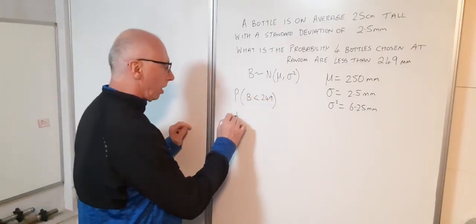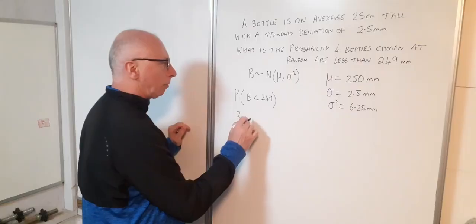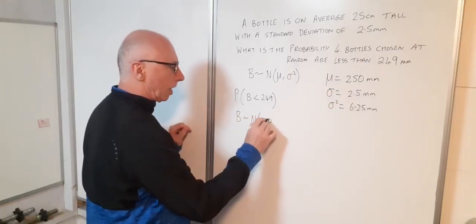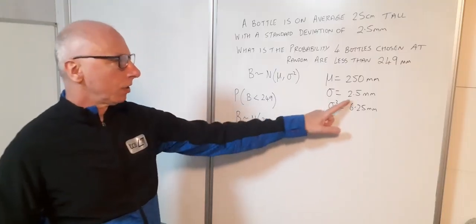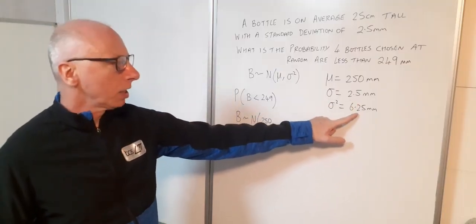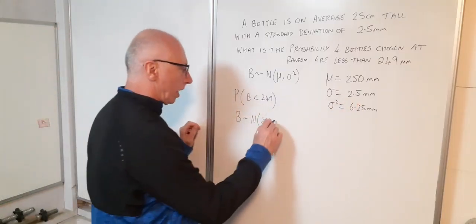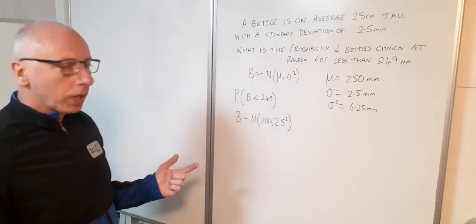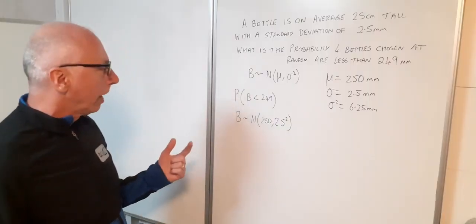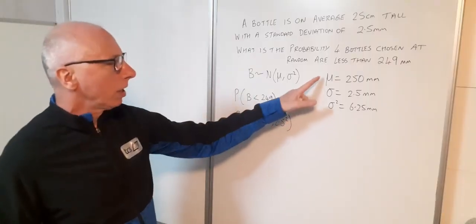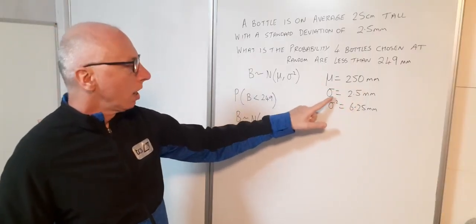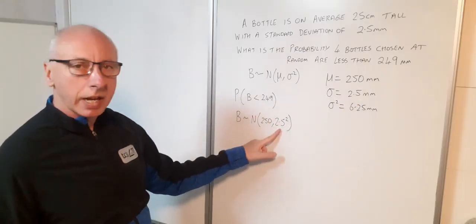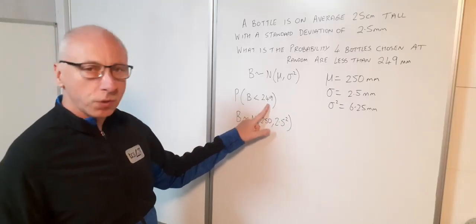So we want B, that's the bottle size, normally distributed with 250, and we've got 2.5 squared. So instead of writing 6.25, I'm going to write 2.5 squared. Okay, so here we can use our calculator to try and work out our values, where we can type in our mu as 250, our sigma as 2.5, and our x value as 249.